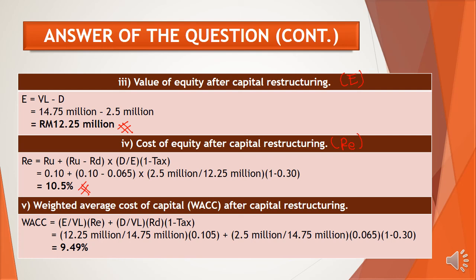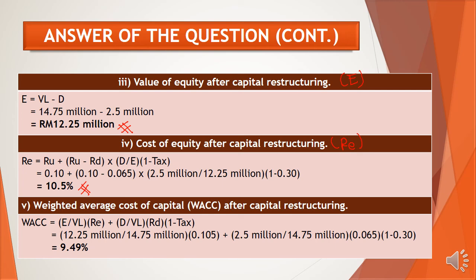And the last question, question number 5, is to calculate the weighted average cost of capital, which is WACC, after capital restructuring. Based on the formula, WACC is equivalent to E, which is 12.25 million, divided by VL, 14.75 million, times RE.